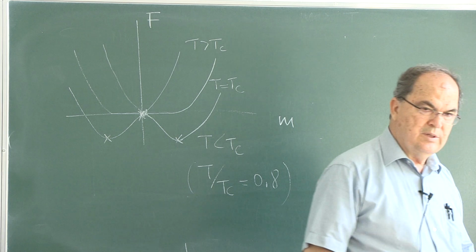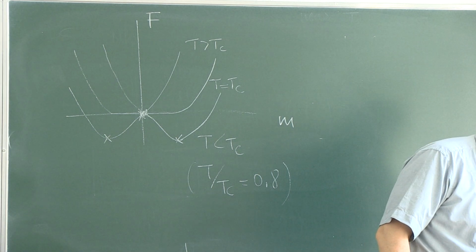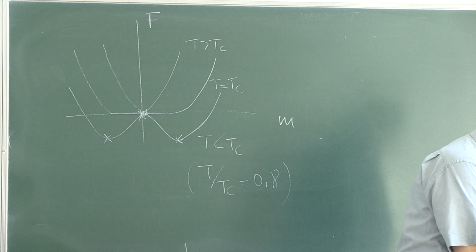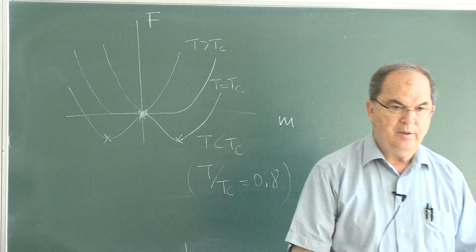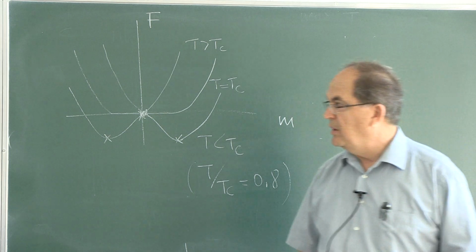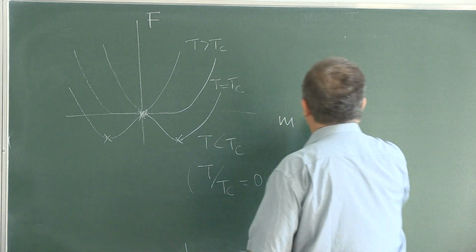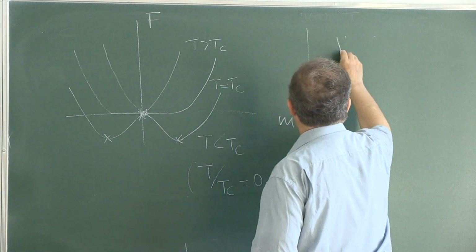So at T equals Tc, the symmetry changes, isn't it? In the vicinity of the critical point, and that was the approach introduced by Landau. This is important.